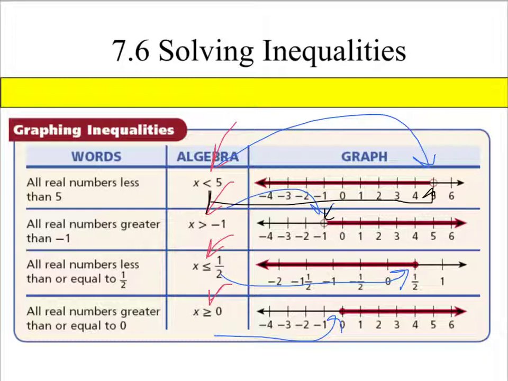If we have open dots, that means the solution is not included in our solution set. For less than or equal to or greater than or equal to, we use a closed dot because it is a solution of the equation.